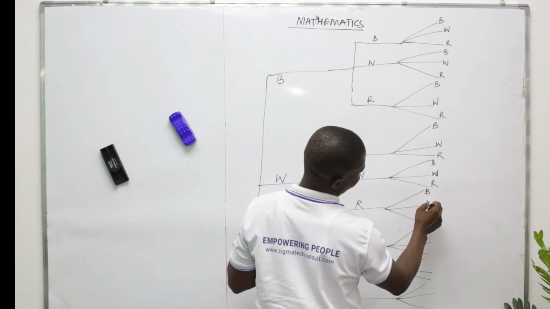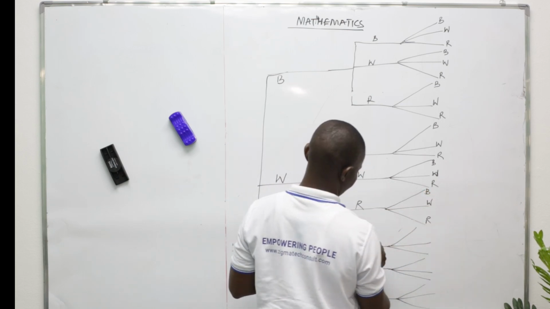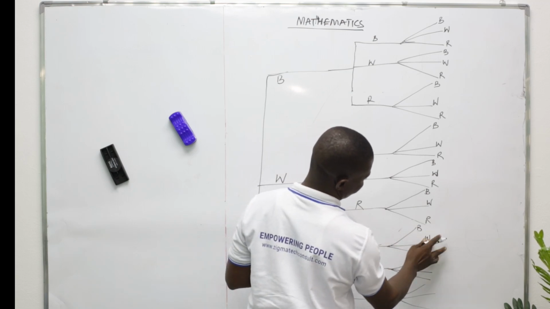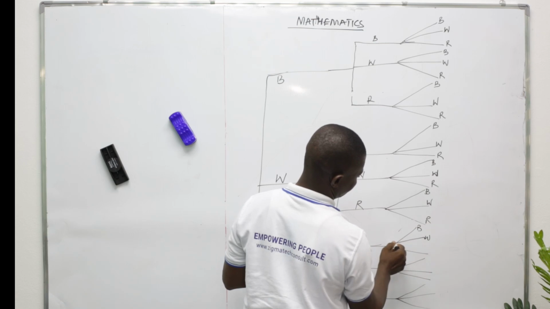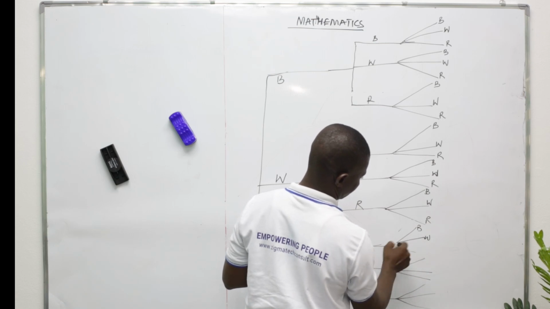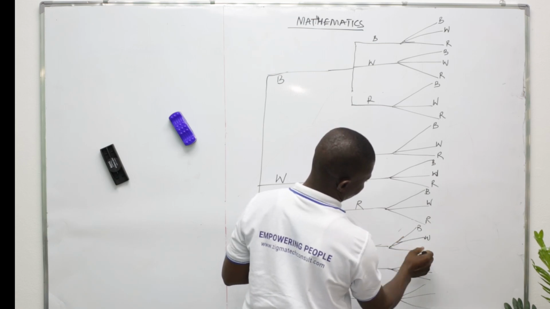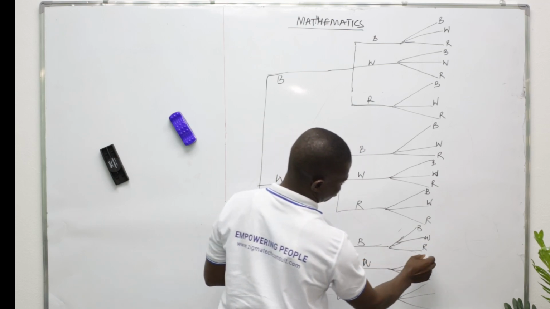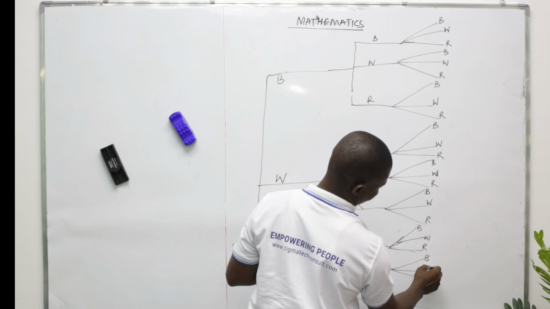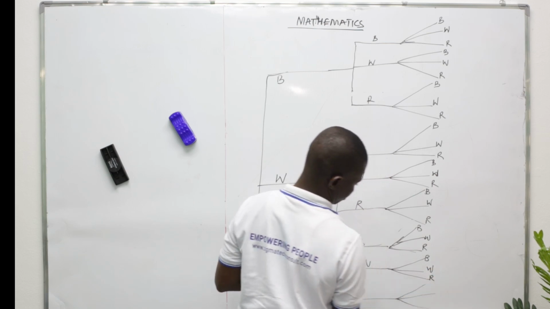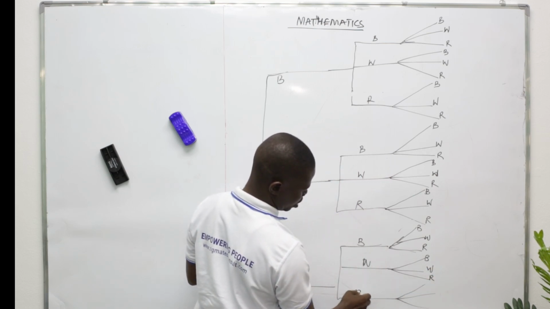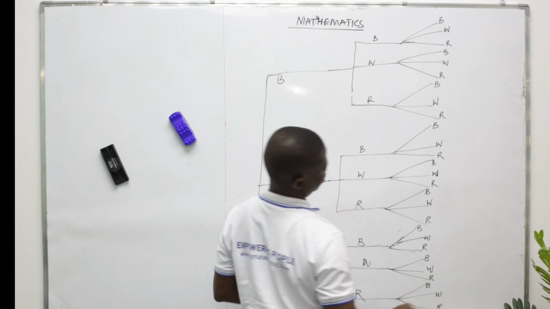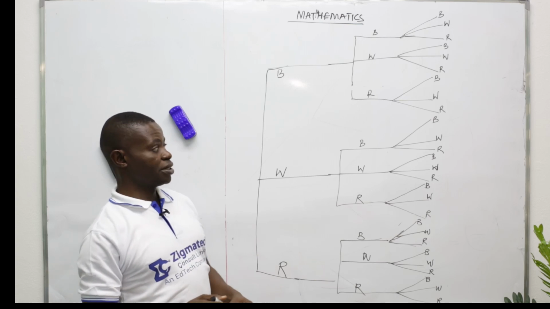Black, white, red. This is white, black, white, red. This is red, black, white, red. Okay, this is the diagram.